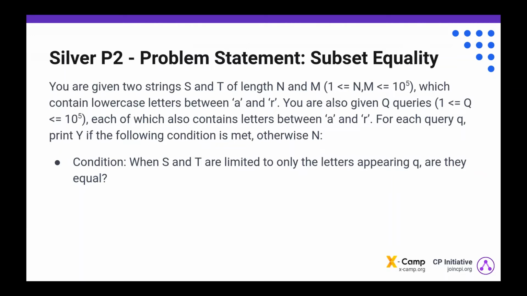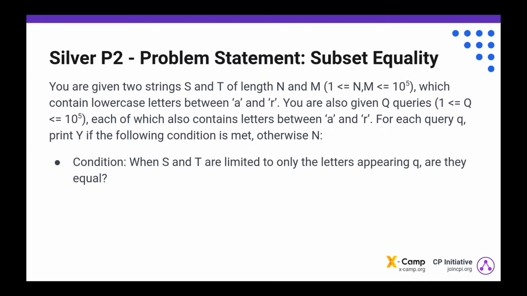You're also given Q queries. The number of queries is also at most 10 to the 5, and each query also contains letters between A and R. For each query Q, print Y if the following condition is met, otherwise print N. The condition is: when S and T are limited to only the letters appearing in Q, are they equal?